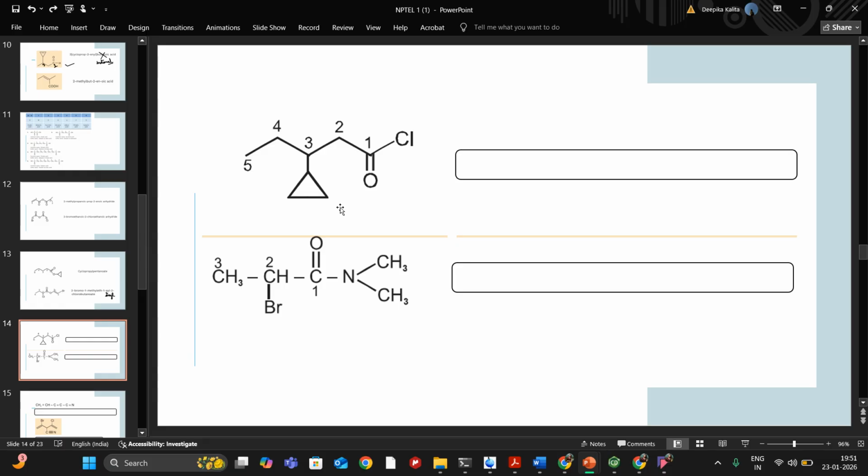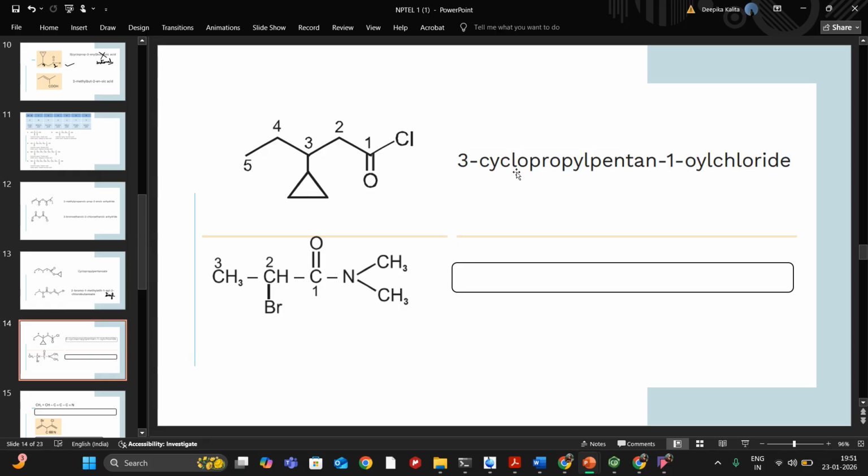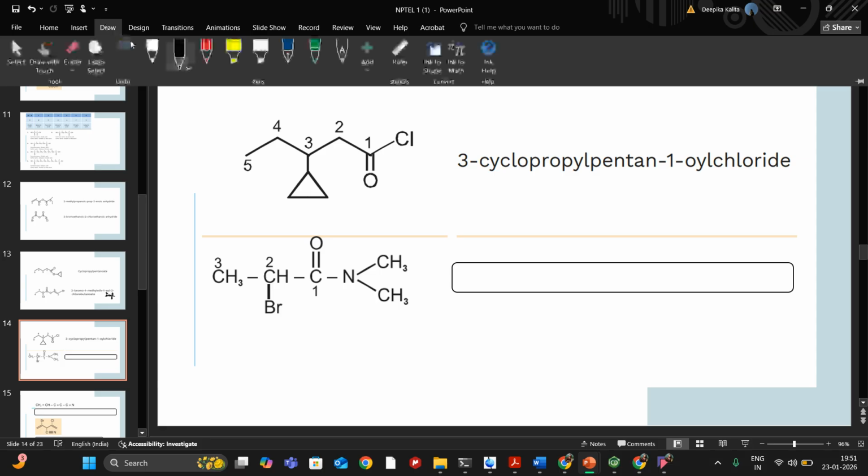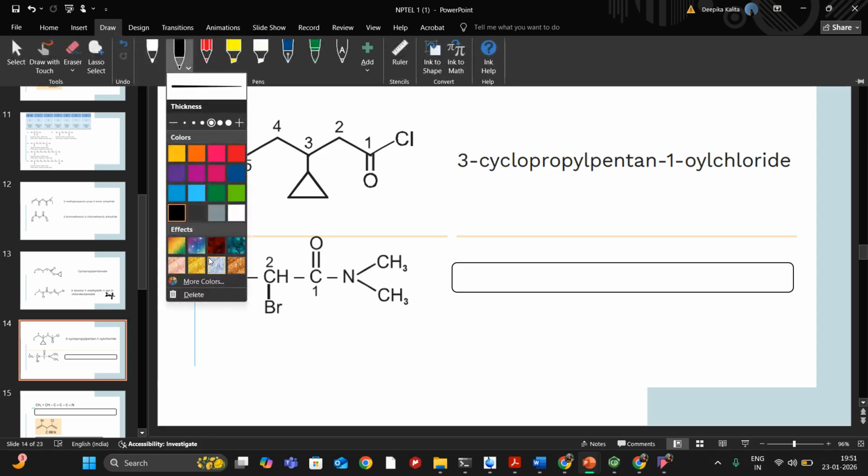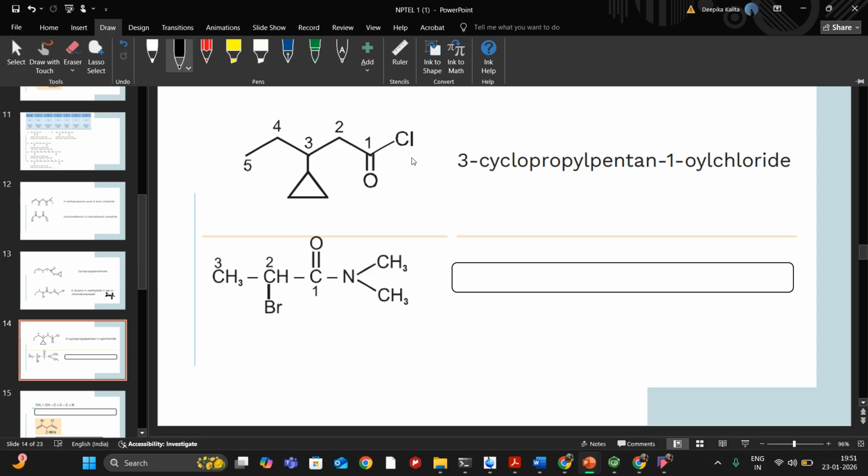What substituent? It is again a cyclopropyl substituent. Hence this compound will be named 3-cyclopropylpentane-1-oyl chloride. Whenever you have an acid chloride as the main functional group of your compound, this oyl chloride will come as a suffix to it.